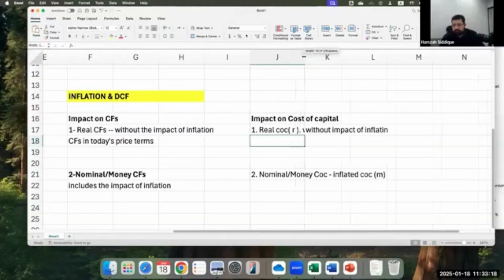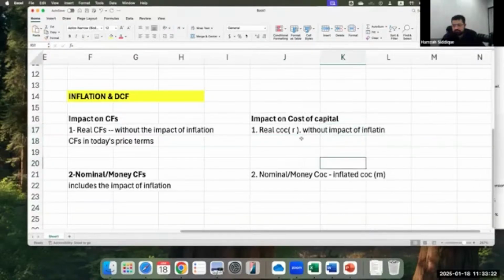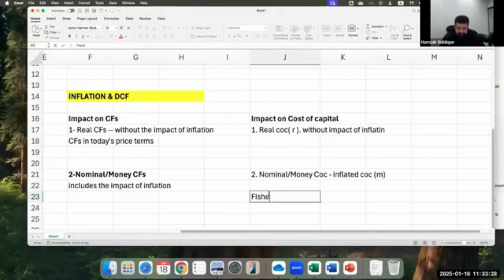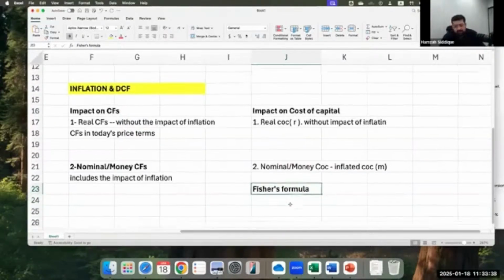Now, students, there is Fisher's formula, which tells the link between money cost of capital and real cost of capital.